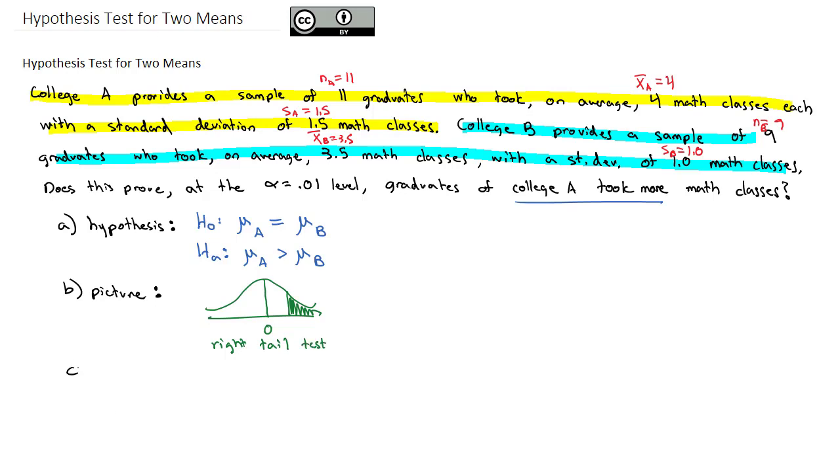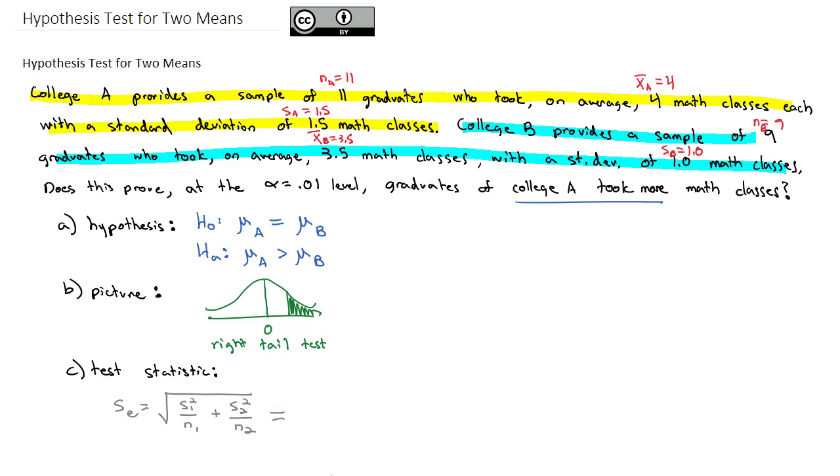So for step C, we're going to calculate the test statistic. To find the test statistic, the first thing we need to know is how to find the standard error. And the standard error we found out is the square root of the first standard deviation squared divided by the first sample size plus the second standard deviation squared divided by the second sample size.